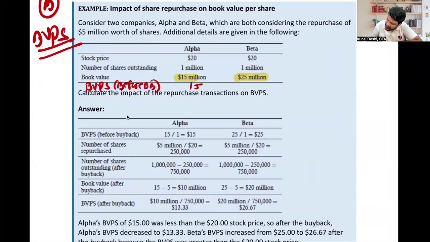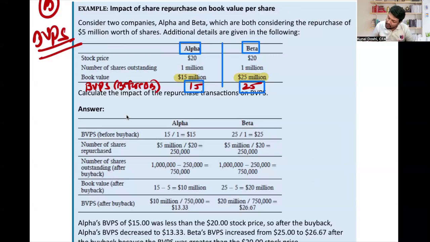So this is alpha company, this is beta company, right? This is my book value per share, which you need to compare with the buyback price, everyone. They said the stock price is 20 and 20, right?